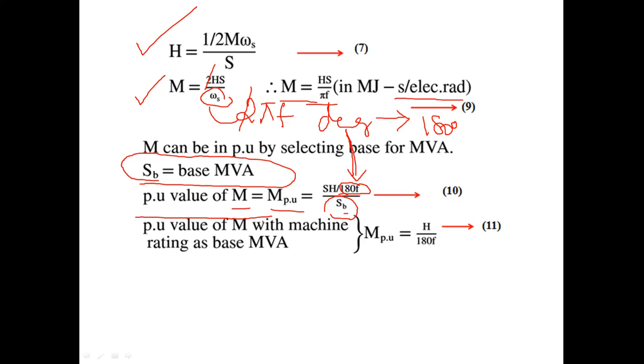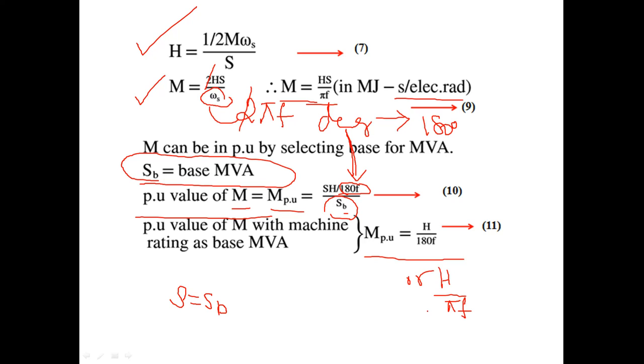Okay, so the value of M can be represented in per unit by selecting the base MVA. So if the machine is chosen as a base value, then we will be substituting S equal to SB and this equation will be written like this. So M per unit will be equal to H by 180 F or H by pi F. So both are right.